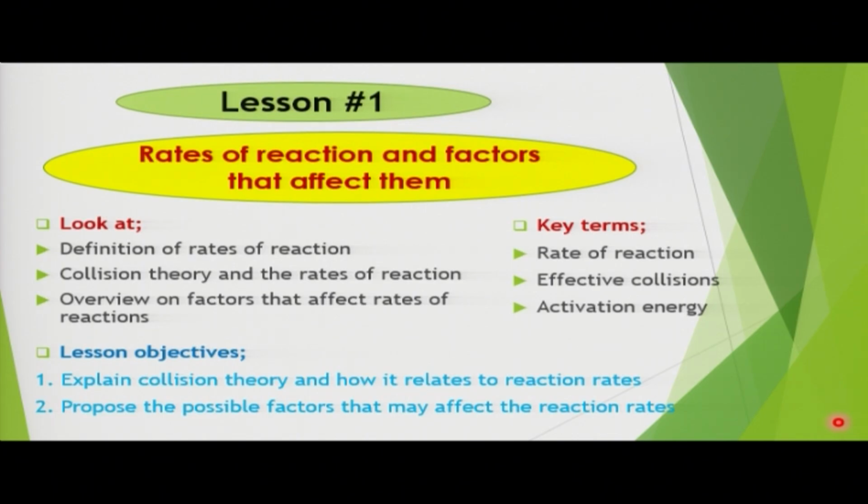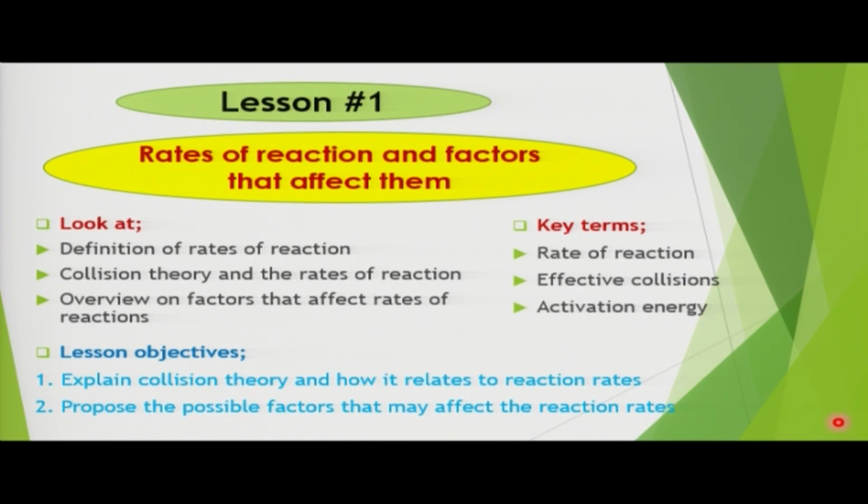And this takes us to the lesson objectives. After understanding what we shall look at and the key terms, the lesson objectives are: you should be able, by the end of the lesson, to explain collision theory and how it relates to reaction rates. For you to explain it, you need to have mastered it, so take note of that part.